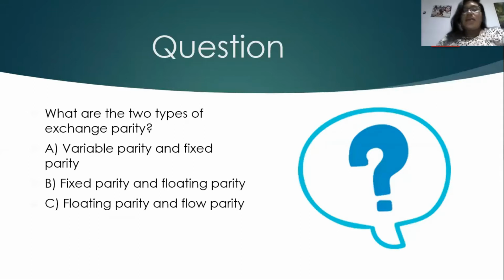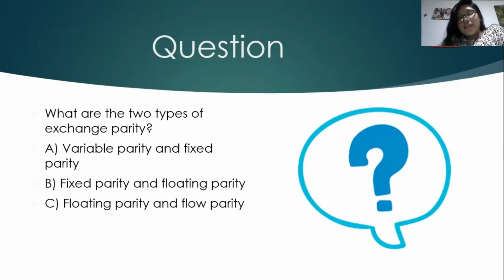In this dynamic there is one question. The question is, what are the two types of exchange parity? There are three options. Letter A is variable parity and fixed parity. Letter B is fixed parity and floating parity.